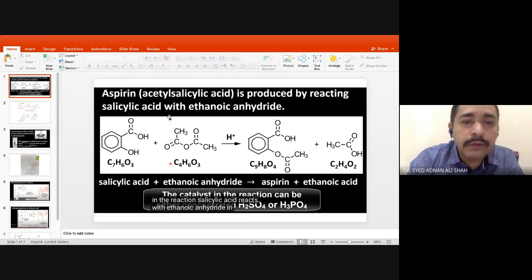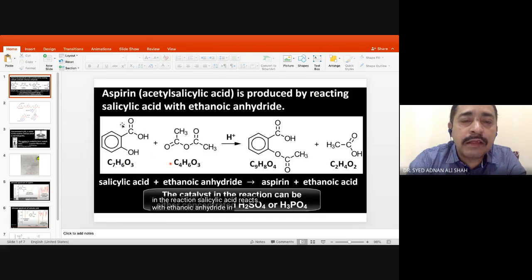So aspirin is also called the acetyl salicylic acid, right? Means it is an acetyl derivative of salicylic acid. So acetylation of salicylic acid occurs, right? So you can say the aspirin is the acetyl derivative of the salicylic acid. So how does this acetylation of salicylic acid occur, right?